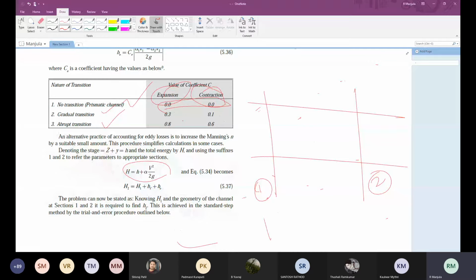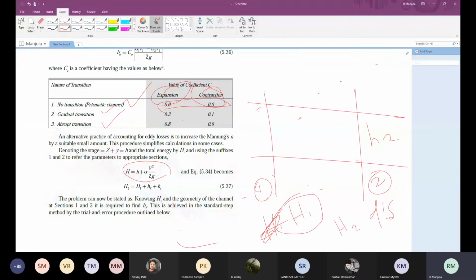Suppose this is the downstream. You know H1 and the geometry of the channel at sections 1 and 2, and you need to find out H2.